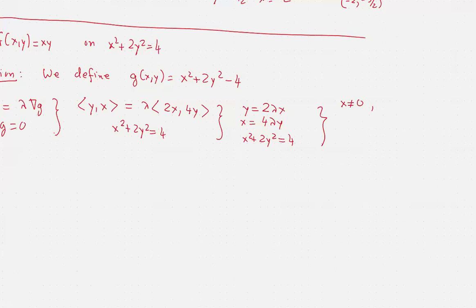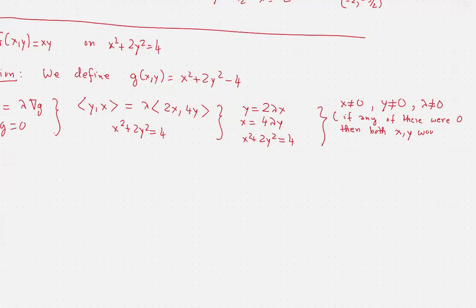Finally, lambda cannot be 0 because, again, if any of these were 0, then both x and y would be 0, which is impossible. And it's impossible because of the constraint.